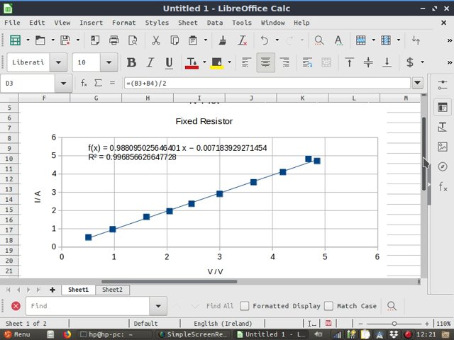First choose the table and then Insert graph.